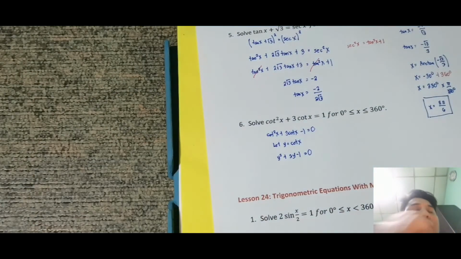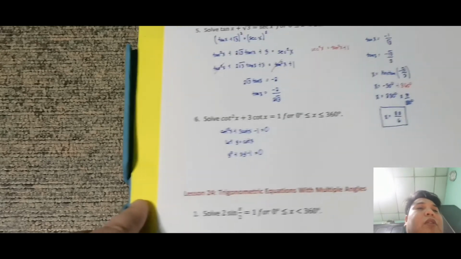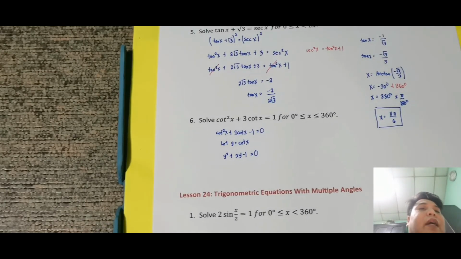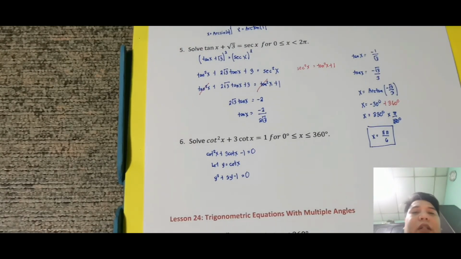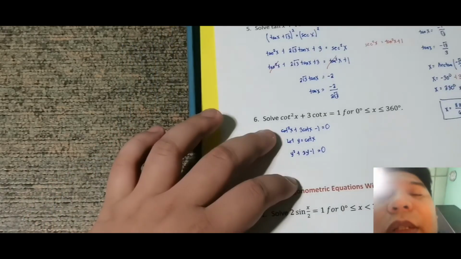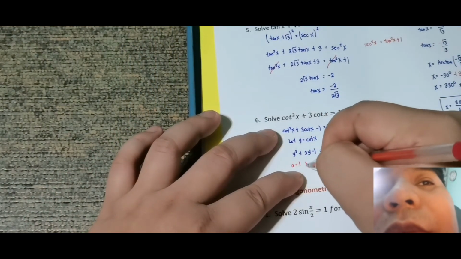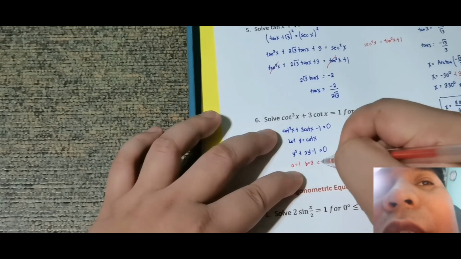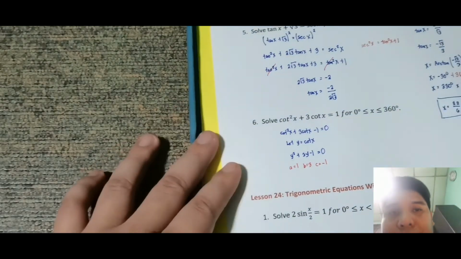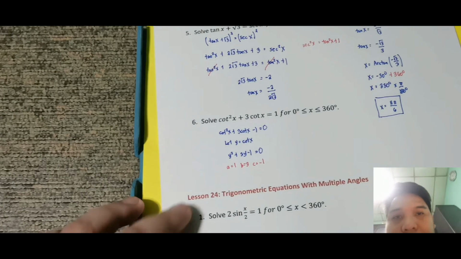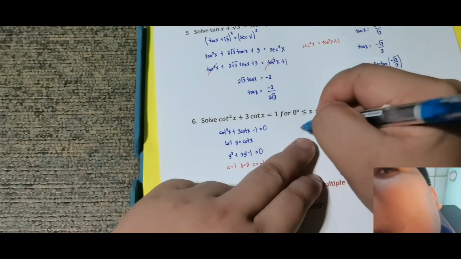So, ang obvious naman, hindi siya solvable using factoring. Tama. So, probably quadratic formula tayo. So, by quadratic formula, ano magagawin? A natin dito is 1. B is 3. C is negative 1.